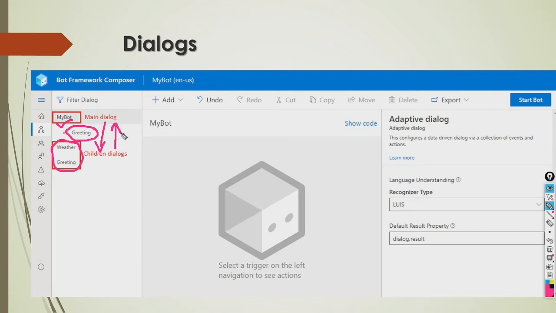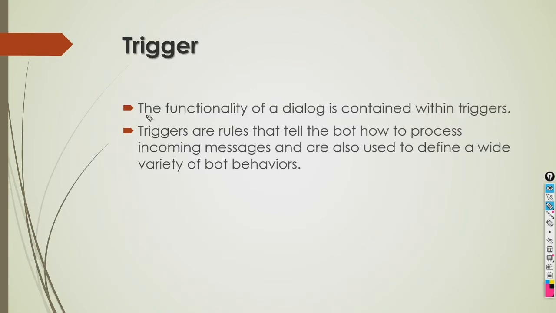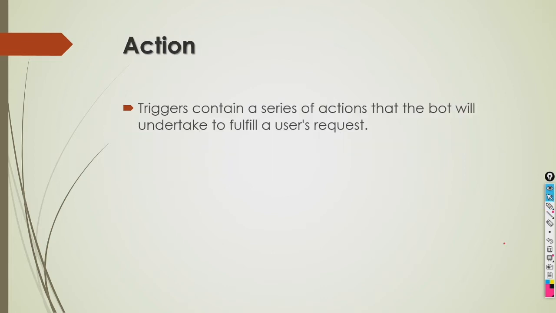Understood? Now what is a trigger? Whatever the functionality the dialog has, that will be the content within your trigger. So triggers are rules that tell the bot how to process the incoming messages and are also used to define a wide variety of bot behaviors. Now what are actions? A trigger contains a series of actions that the bot will undertake to fulfill a user request.